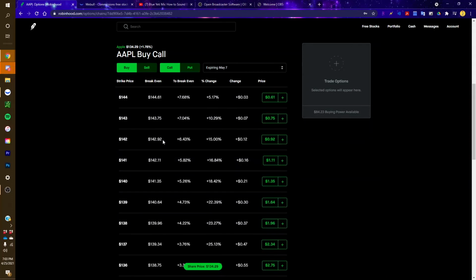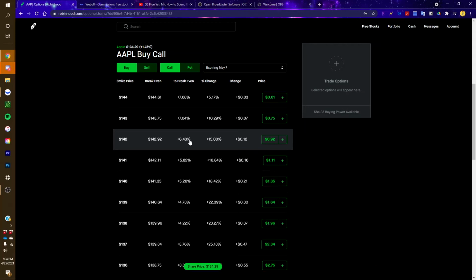Now, like I was saying, this contract does not have to get in the money for you to be profitable if you were to buy it today. But that's the thing with options. You can buy way ahead. Drastic moves can happen. If you buy way ahead and now all of a sudden there's a lot more demand for your contract because the stock is getting closer to where your contract is, then you're going to make profit.